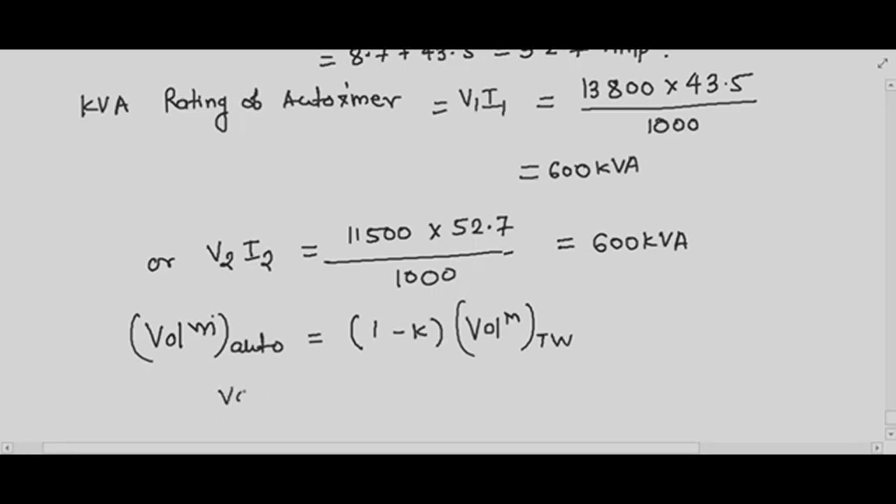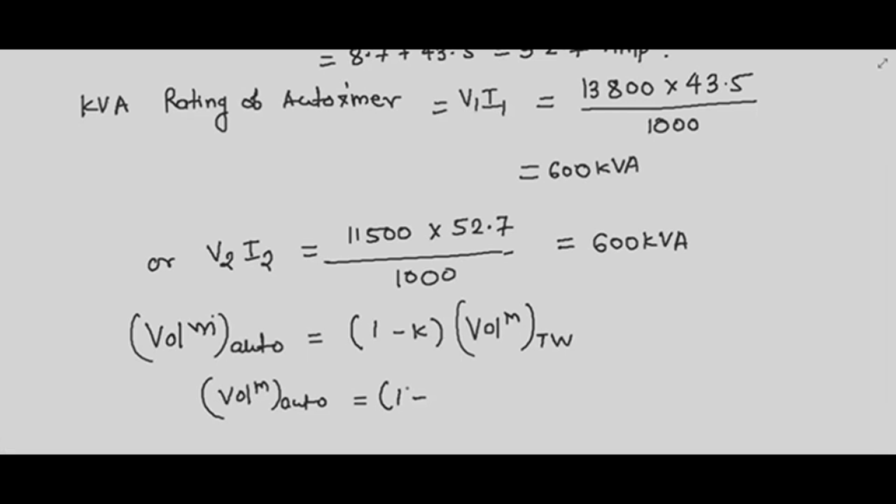So the volume of the auto transformer will be equal to 1 minus K, where K is nothing but the transformation ratio. What is the transformation ratio?